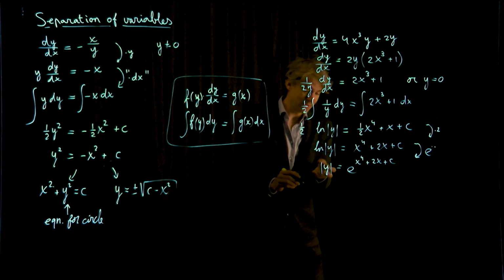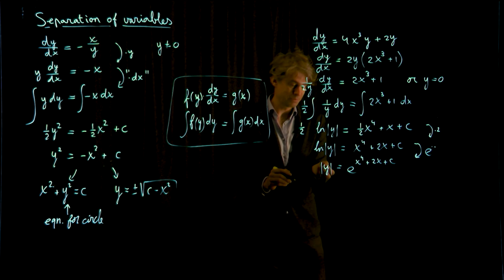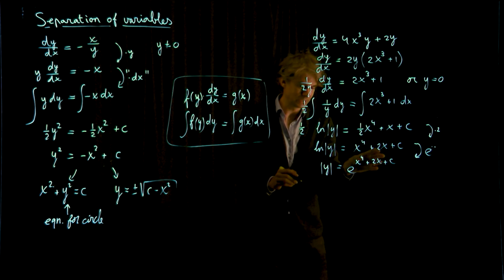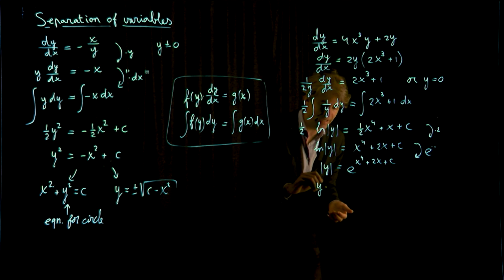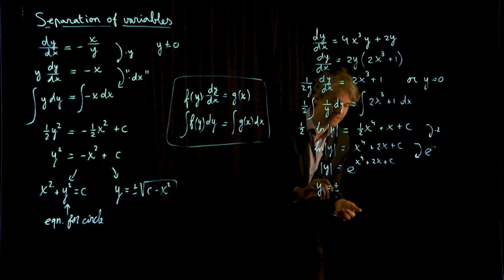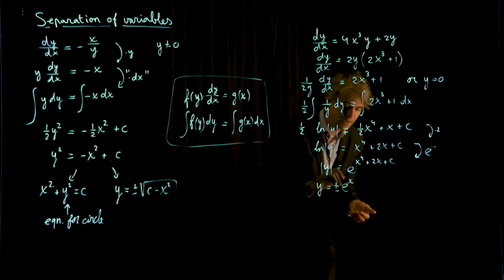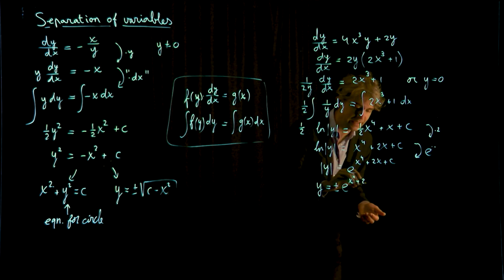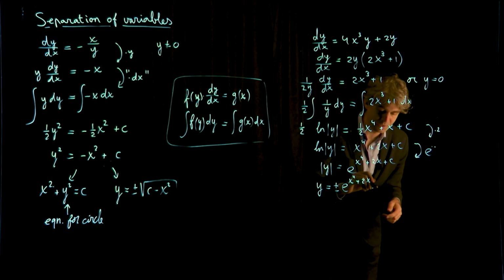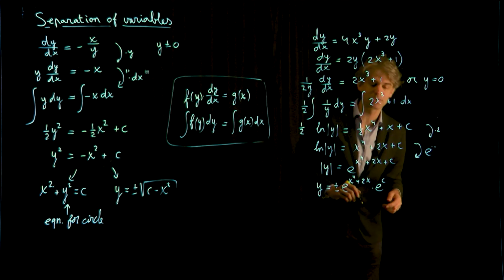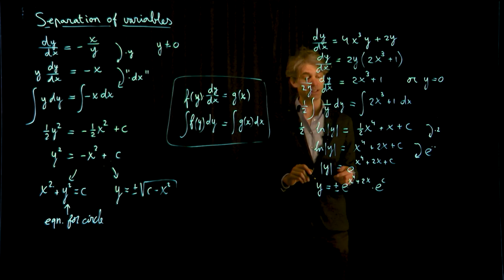Now, if I want to get rid of the absolute value sign, if the absolute value of y is something positive, then y could be plus or minus that. So I get y equals plus or minus e to the power x to the 4th plus 2x, and then I could use my rules for exponentials. It says times e to the power c.